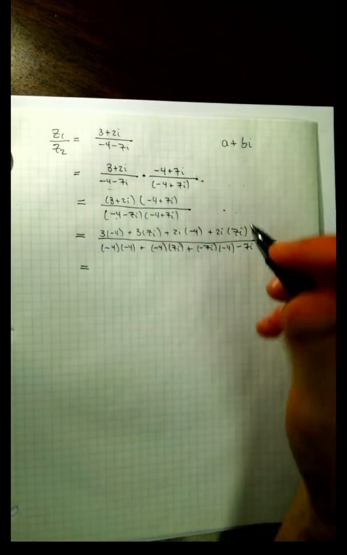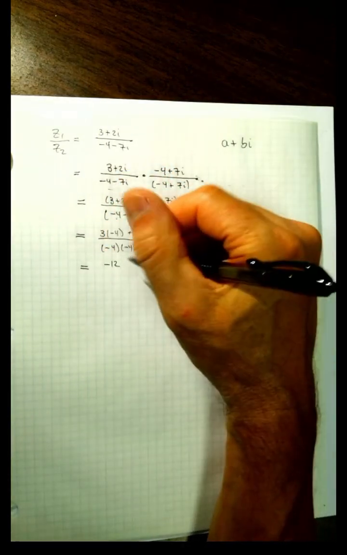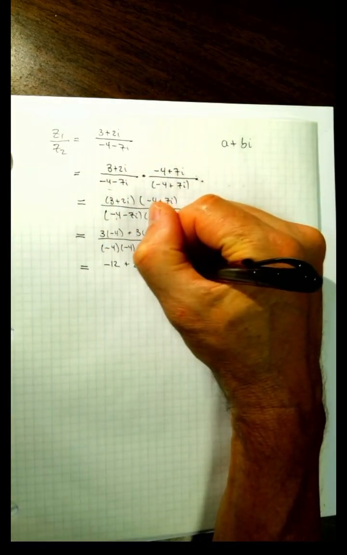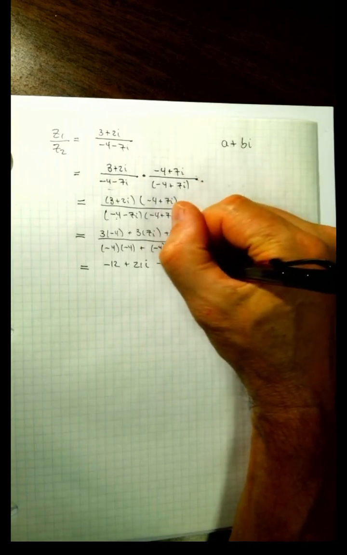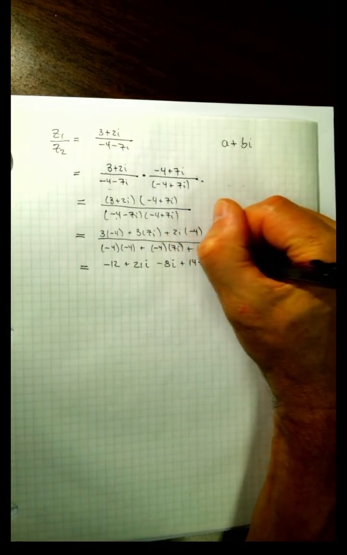Now I can, again, just keep doing these things separately. This becomes -12. Then I'm going to have 21i minus 8i. Then I'm going to have 14 times i squared.